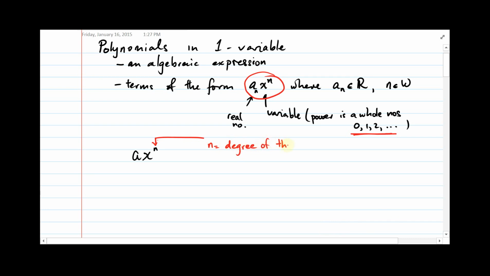So not just the power, but the degree of the term. And since a is a real number, we will say that this is a numerical coefficient of x to the n. That's a proper way of saying them in the context of a polynomial.